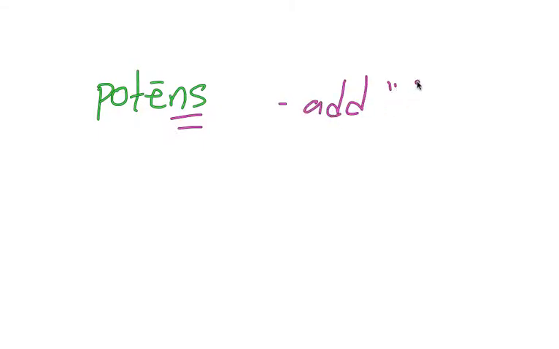Okay, and then one more thing about third declension adverbs. If you have an adjective that ends in ns, which we do in this chapter, we have potens, right? If it ends in ns, then you add ter to the base, not iter. So you drop out the I, basically, is what happens.